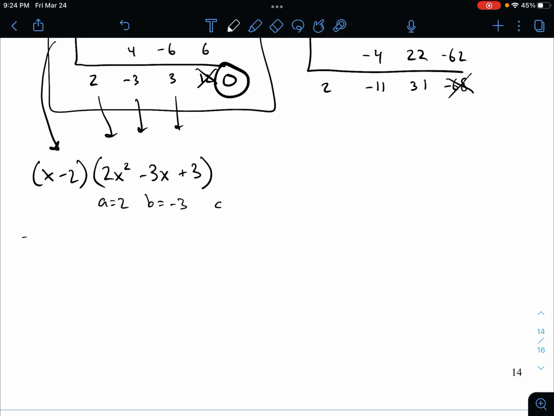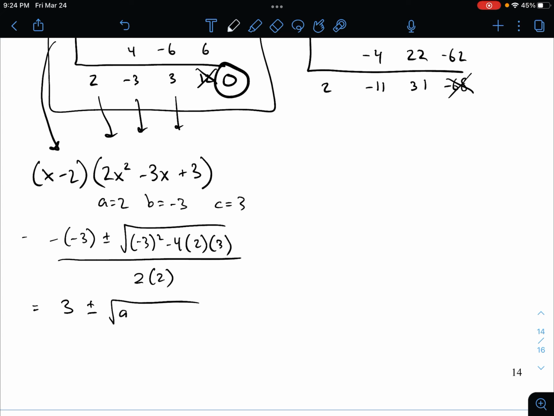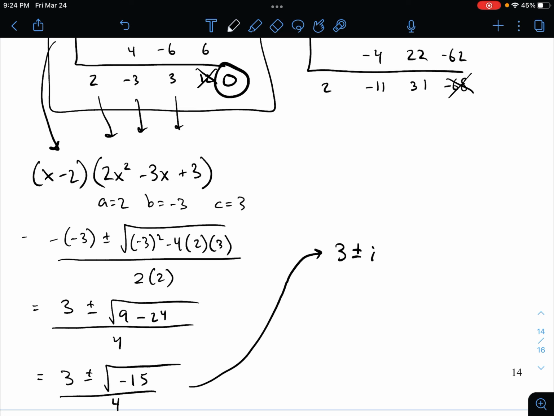And this is going to equal positive 3 plus or minus the square root of 9 minus, well, let's see, so 8 times 3 is 24 all over 4. And this is going to be 3 plus or minus the square root of negative 15 all over 4. And the only other thing I can do here is 3 plus or minus i square root 15 over 4.